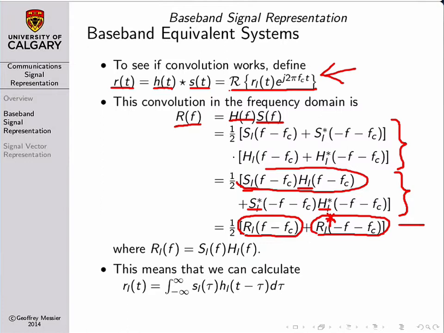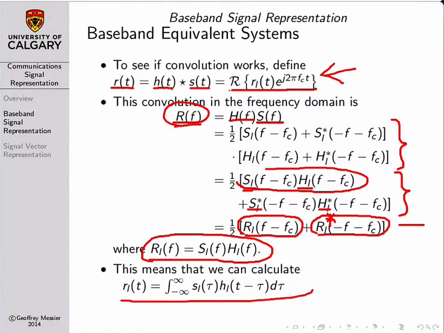And so that means if this baseband equivalent frequency domain multiplication gives us all the information we need to define the passband signal spectrum R of F, then it is valid for us to use the convolution of the baseband signal component, the complex envelope of the signal, and the baseband equivalent response of the system to determine the complex envelope of the received signal without any loss of information.